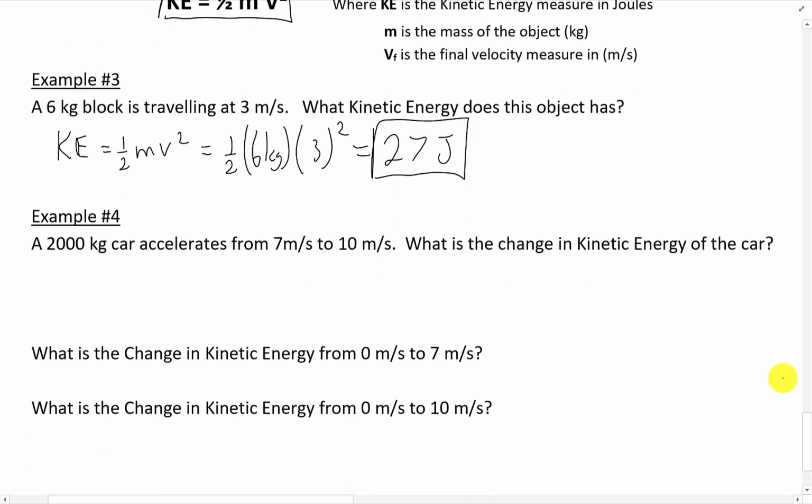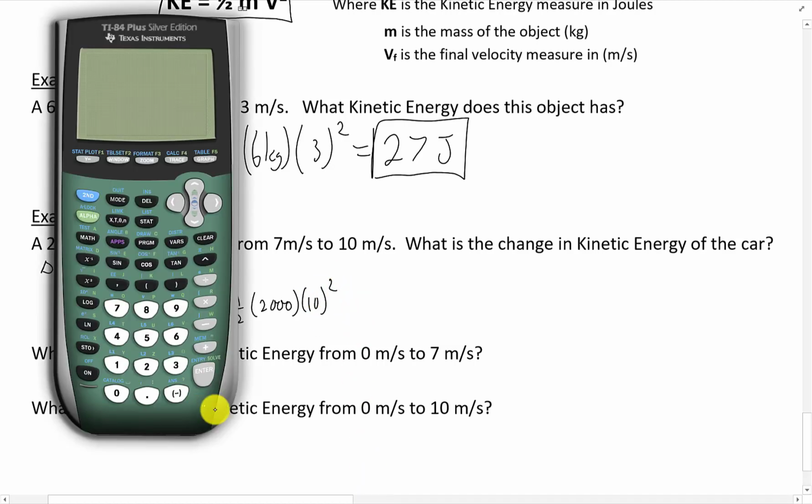Okay, a 2,000 kilogram car accelerates from 7 meters per second to 10 meters per second. What is the change in kinetic energy of the car? So the change in kinetic energy is kinetic energy final minus kinetic energy initial. Kinetic energy final is equal to 1/2 mvf squared, which is 1/2 times 2,000 times 10 squared.